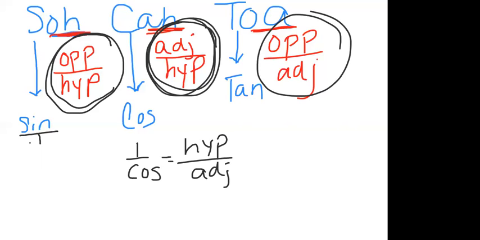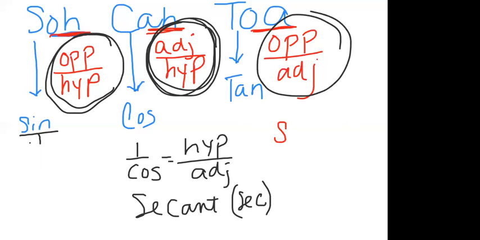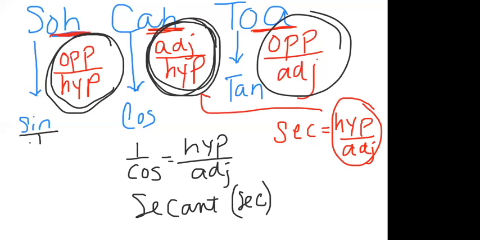The inverse of cosine is referred to as the secant, and the abbreviation we use for this is SEC. So in terms of its ratio, the secant equals the hypotenuse over the adjacent side. Remember, this is just the inverse of cosine. You're just flipping this fraction and reciprocating it.